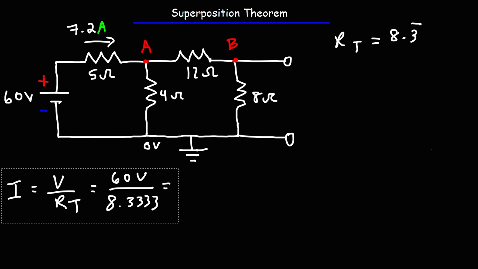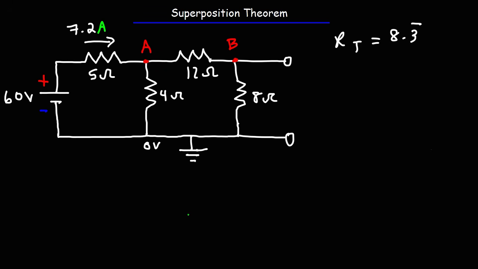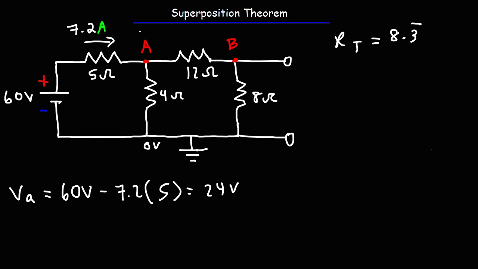Now that we have the current flowing through the 5 ohm resistor, we can calculate the potential at A. The potential at A is going to be the potential of the battery, 60 volts, minus the voltage drop of the 5 ohm resistor. So the voltage drop is going to be the current flowing through it times the resistance. So 60 minus 7.2 times 5, that's going to give us a potential of 24 volts. So that is the potential at point A. Now we can also calculate the current flowing through the 4 ohm resistor.